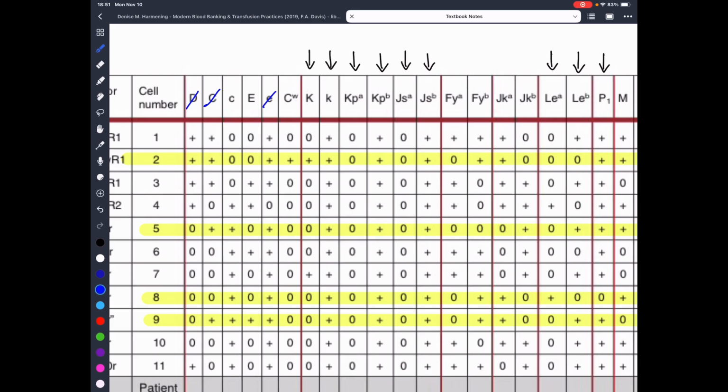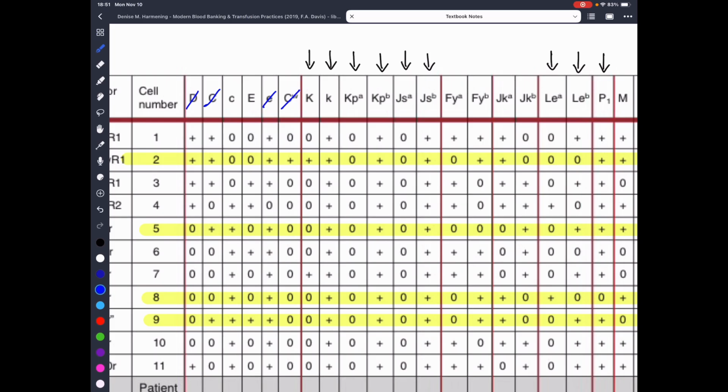So if there's a plus, that means it's expressed on the RBCs. And like we said, we know the patient's antibodies do not have any targets for any antigen on these reagents. So number 2 reagent has CW. Therefore, the patient's serum cannot have anti-CW.